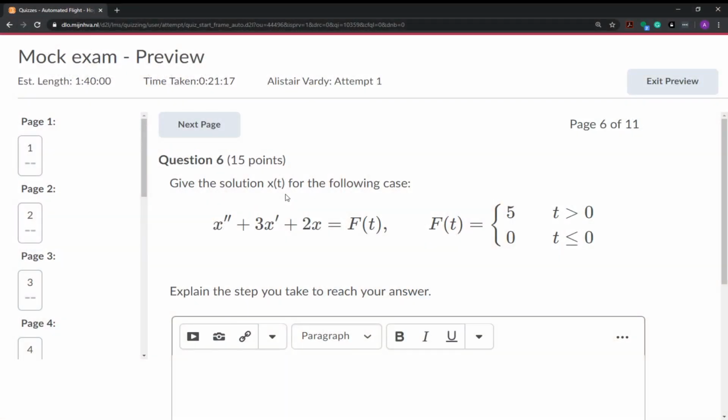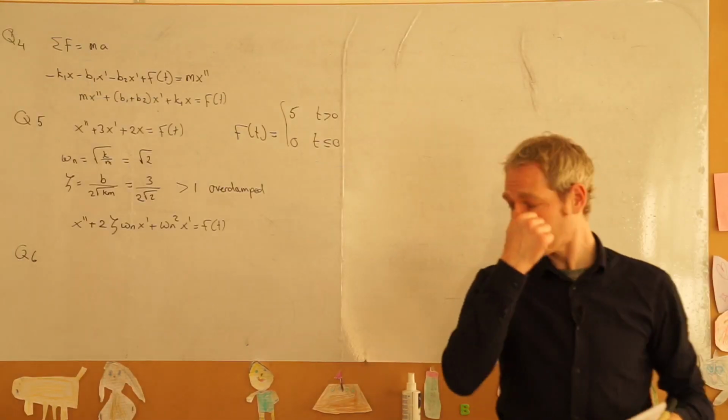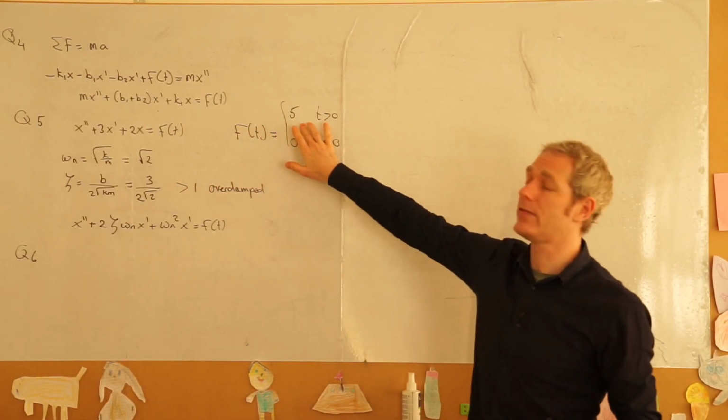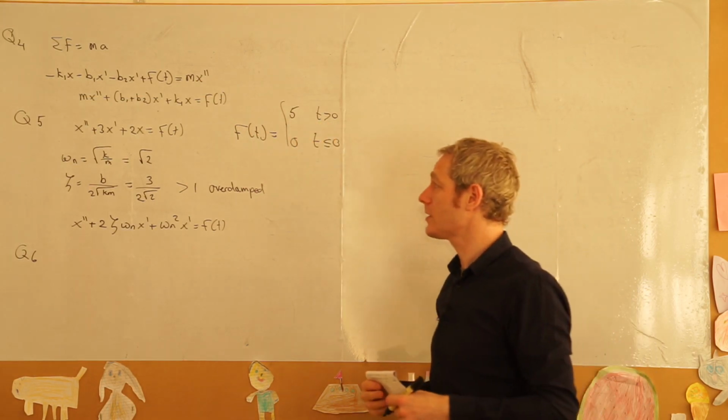The next question, question 6, is basically to solve this differential equation where f of t is equal to 5 for t larger than 0 and 0 everywhere else. So this is a step function. We have this differential equation with this f, and we're going to solve it using the Laplace transform.